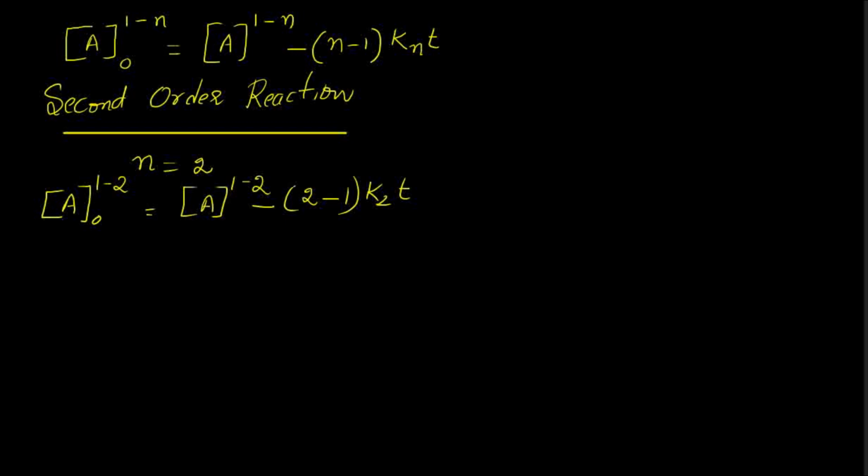Here A to the power 1 minus 2 is A to the power minus 1, that is 1 by A naught.